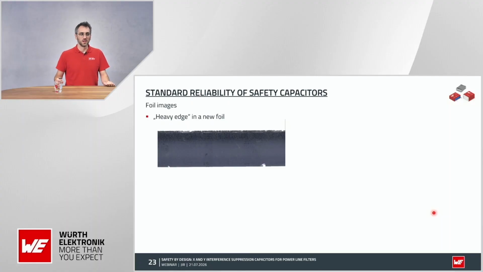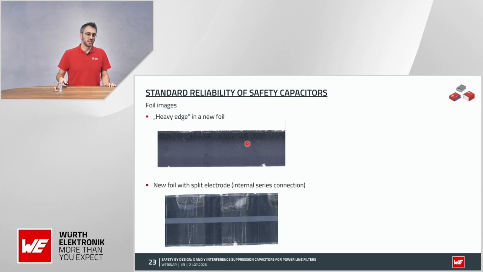Now there are some real images of foils, with examples of what I mentioned before. Here you can see, a bit darker, the heavy edge in a new foil. And this is the split electrode that we can see in a Y capacitor.